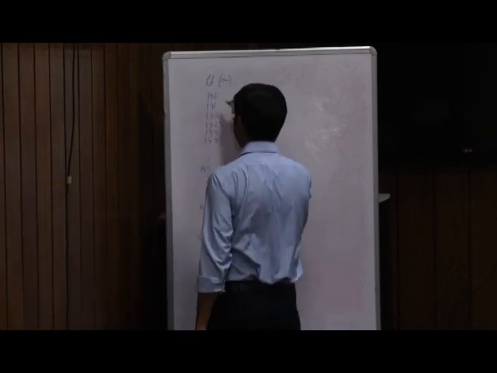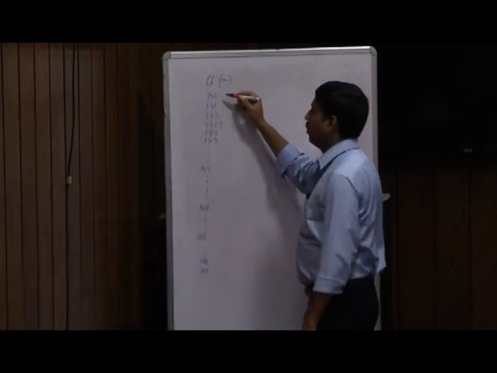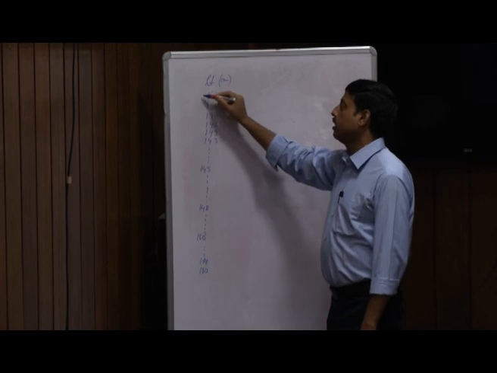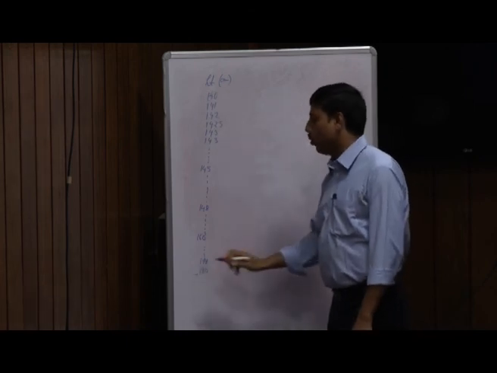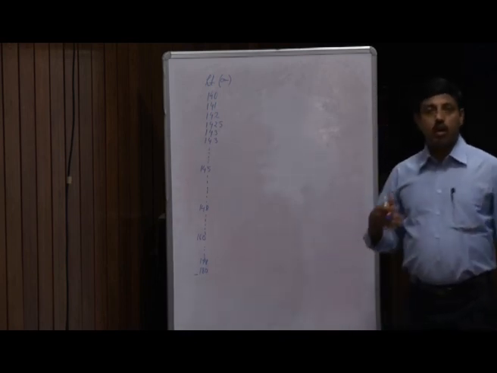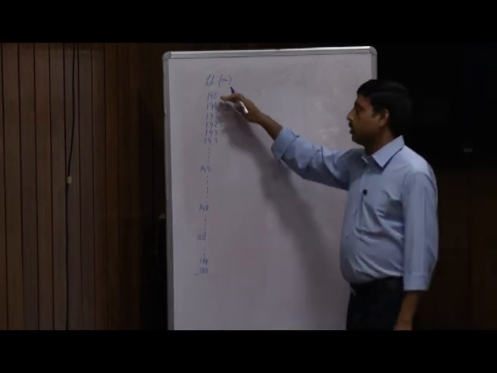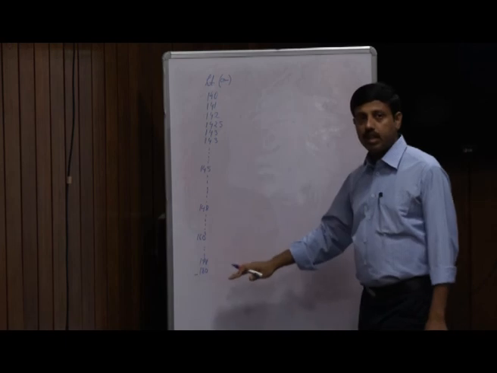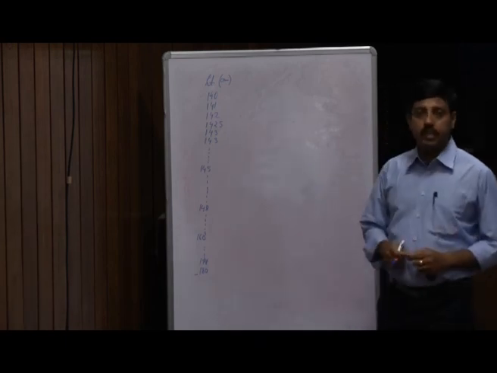In this way we can put the height values of all the students, starting from 140 centimeter and ending at 180 centimeter. If we measure the height of all the students and put those height values in ascending order, then we get this type of data set.